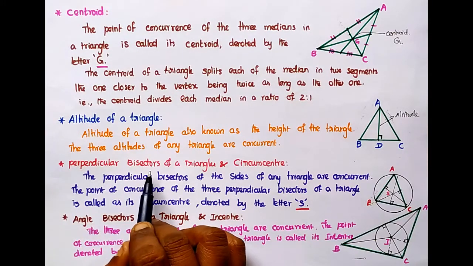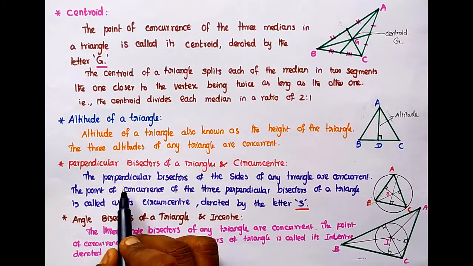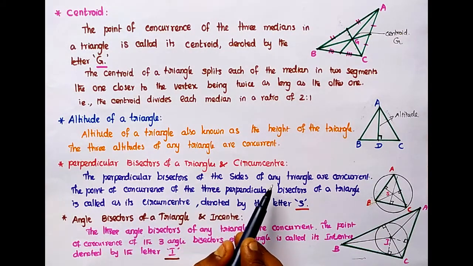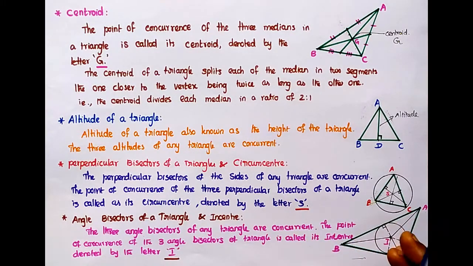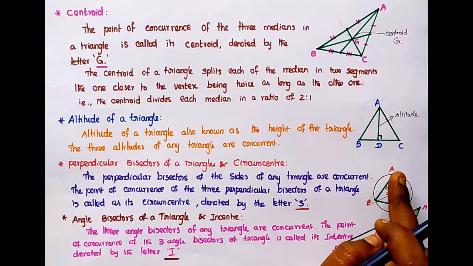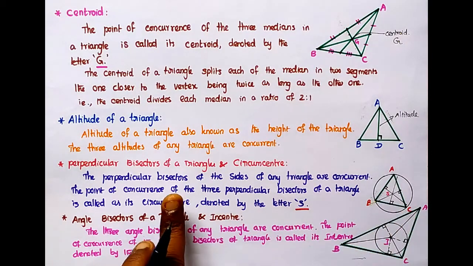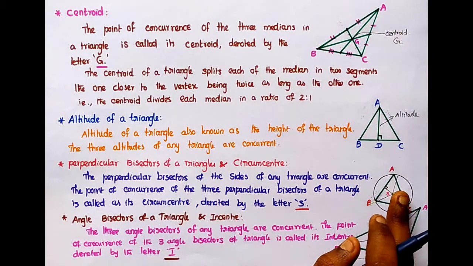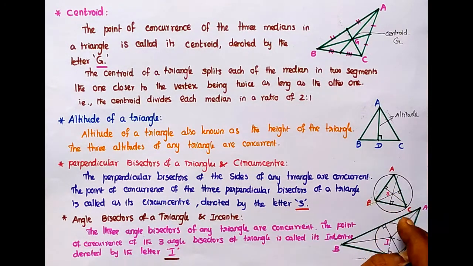The perpendicular bisector of a triangle and circumcenter. The perpendicular bisectors of the sides of any triangle are concurrent. Perpendicular bisector means the line bisects a line segment into two equal parts.